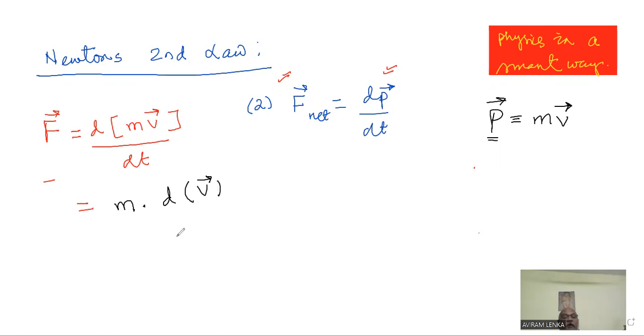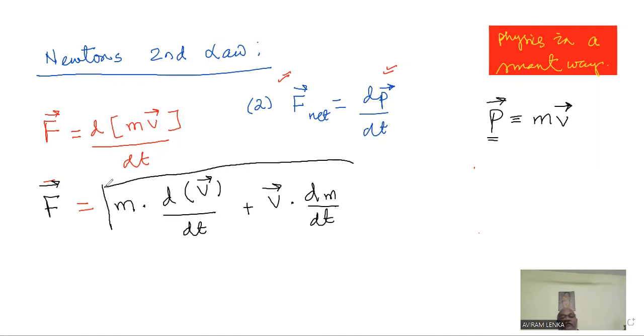The type of bracket doesn't matter; you may put a square bracket or a curly one. Plus v into dm by dt. If somebody follows the rules of the derivative, then our F net, or net external force, is the expression like this.